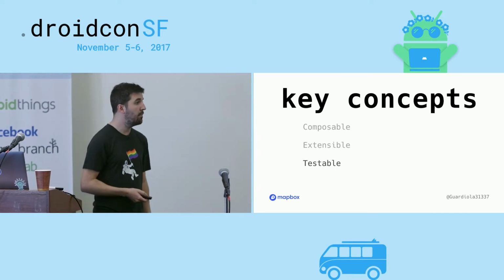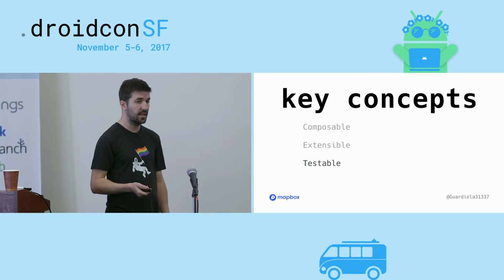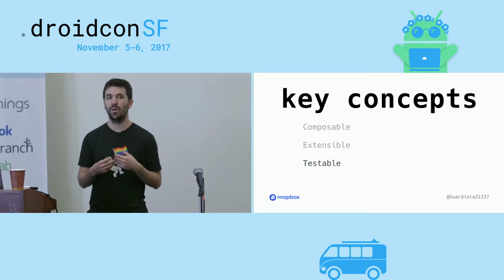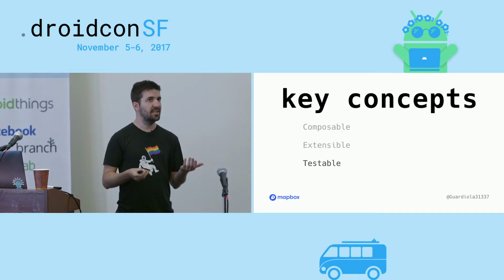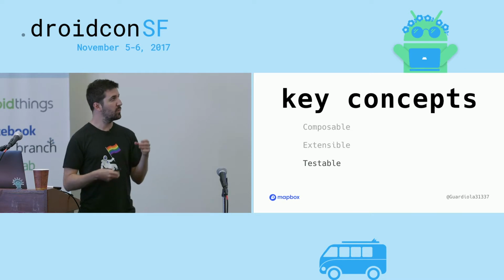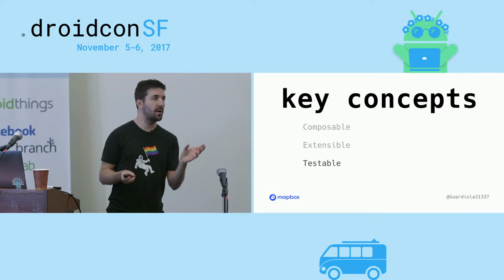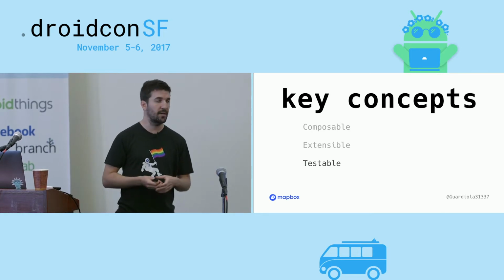Of course, a great DSL needs to be testable. So we need to offer a way of changing the runtime configuration. Basically, we need to offer different implementations for your different use cases.